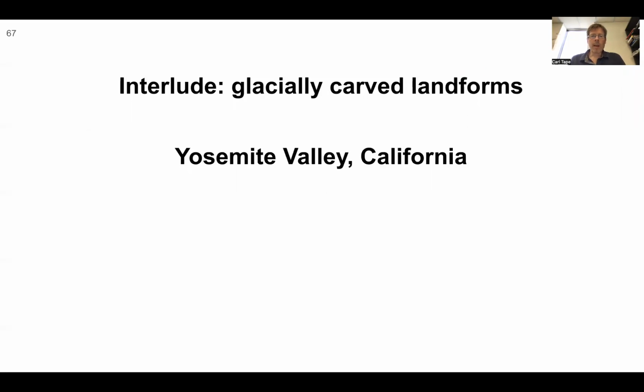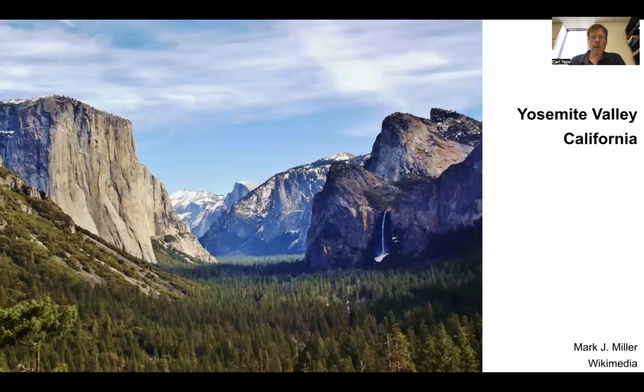The interlude at the outset here is to discuss glacially carved landforms, with some of the world's most famous ones from Yosemite Valley, California. And here's Yosemite Valley, just a stunning view of this classical U-shaped valley with steep walls, but geologically really impressive to think about how they got here.